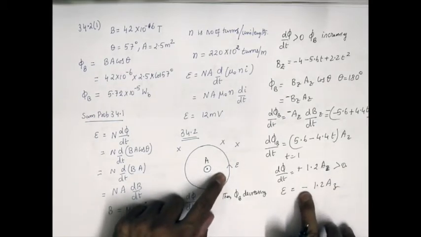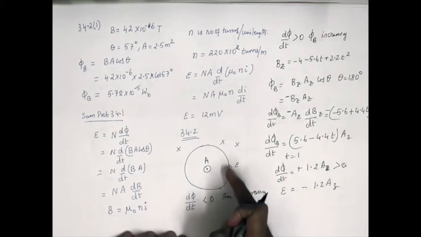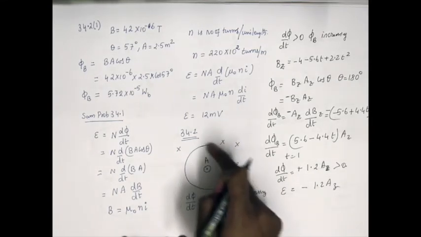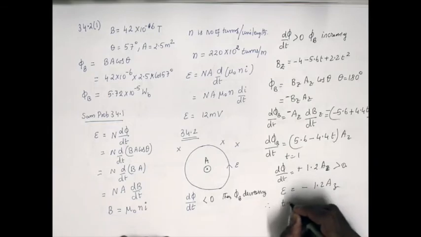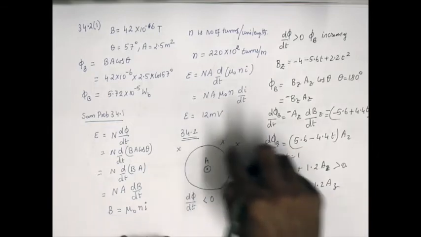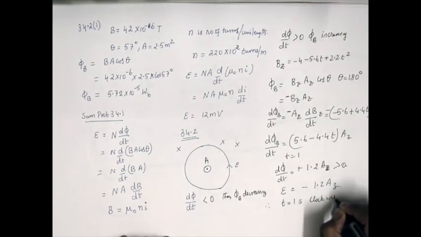So what does this minus sign imply? This minus sign implies that the direction that you have assumed, counterclockwise, is wrong and you will have to revise it. So therefore, at t equal to 1 second, the induced current is clockwise.